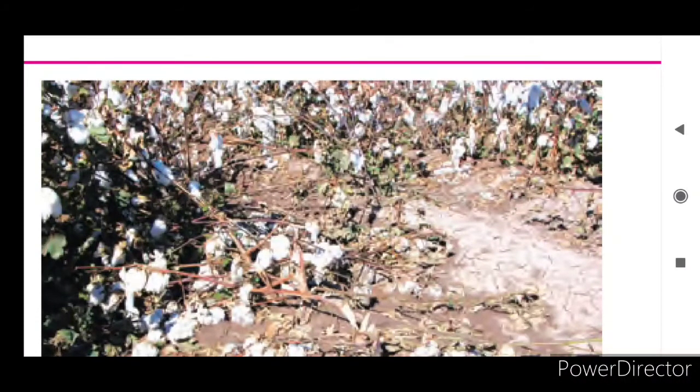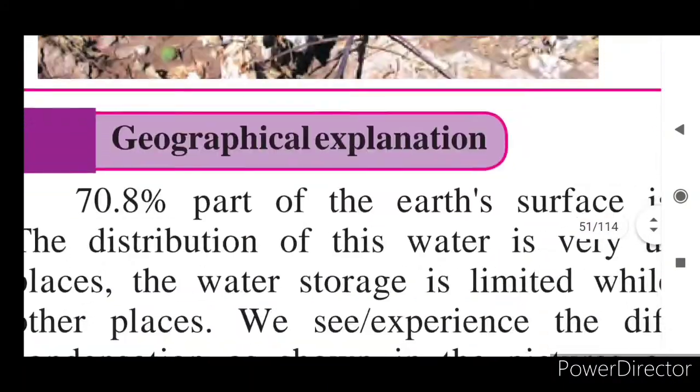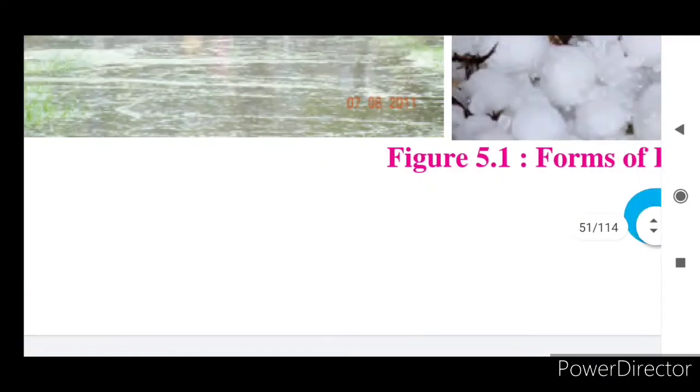So when the temperature is 0 degrees Celsius, these water droplets convert into solid, because the water droplets freeze, and like this these frozen water droplets are called frost. Frost occurs on a large scale in the winter season. I hope you understood this. Now we will see the next one.